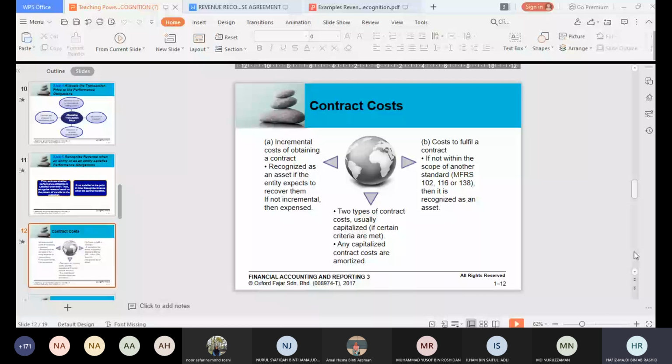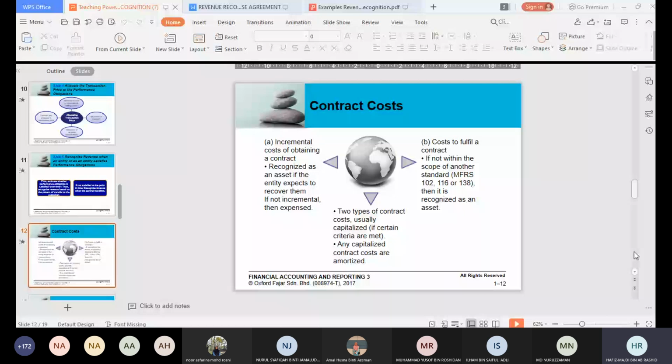For example, in order to obtain a contract, you might need to engage a lawyer for writing the contract, because without lawyer documentation, there might be some problem with regards to the official, in order to ensure that the contract is basically legal.